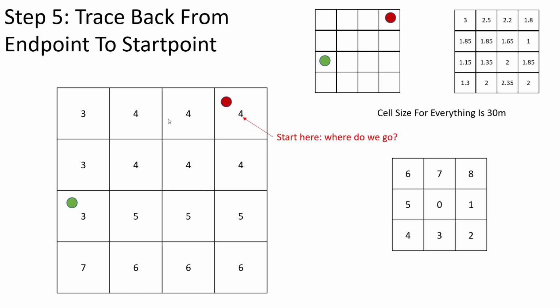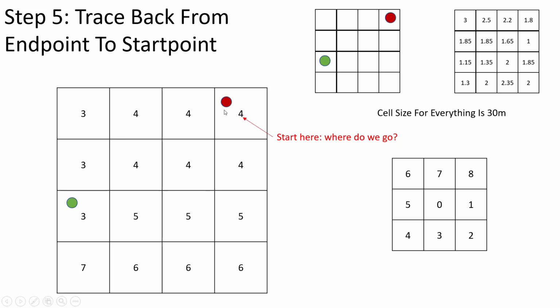Now we're going to take that direction surface and trace backwards from the endpoint to the start point. We're going to bring in that direction matrix that we used to create the distance surface to help us interpret where we go from a given cell. Okay? So we're going to bring in our endpoint, which again, for reference, we ended at the top corner here. So this is where we're going to start because we're tracing backwards.